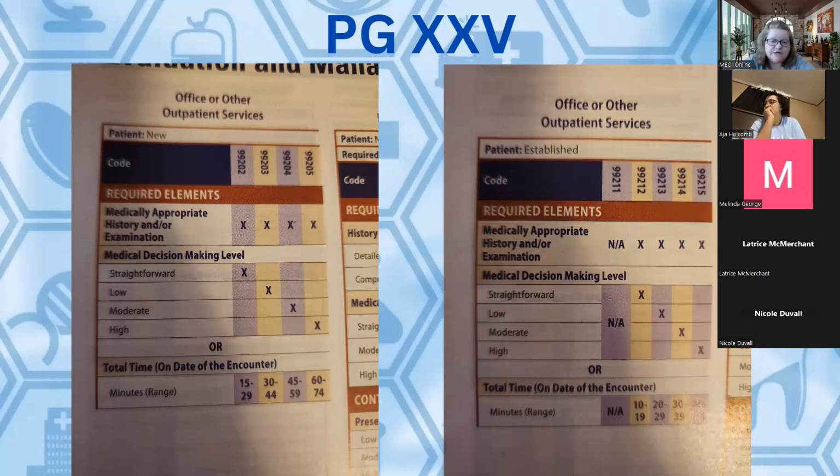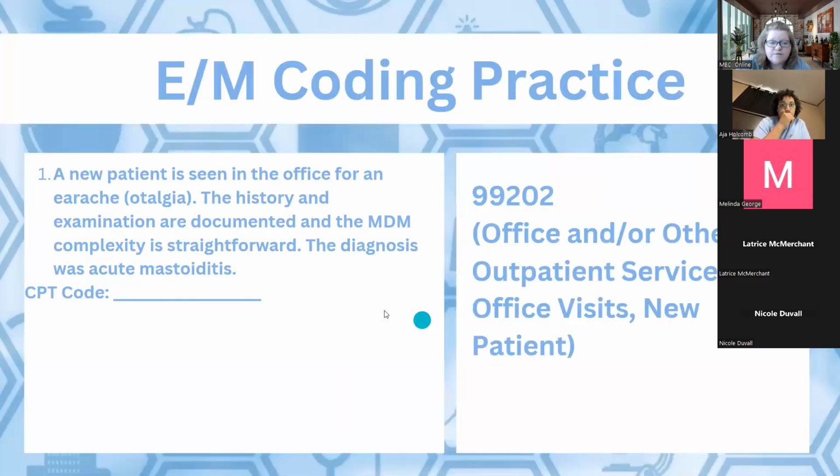To the right is established patients. So they said the MDM was straightforward and she had an earache. History and examination documented, MDM straightforward, one acute illness. So our code is going to be 99202.